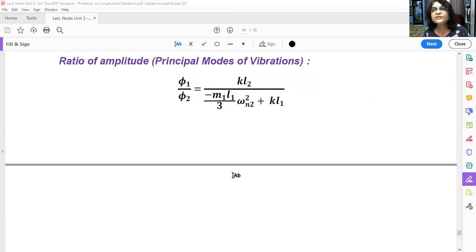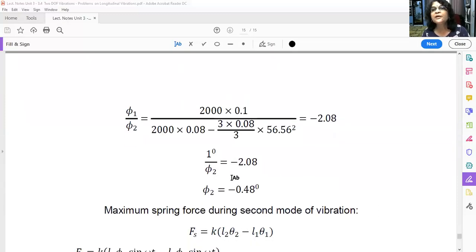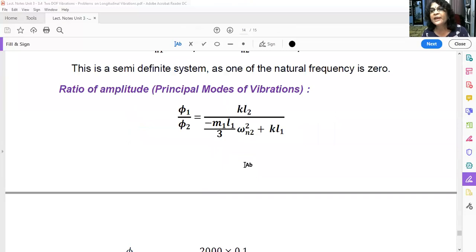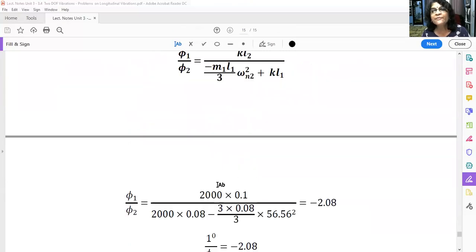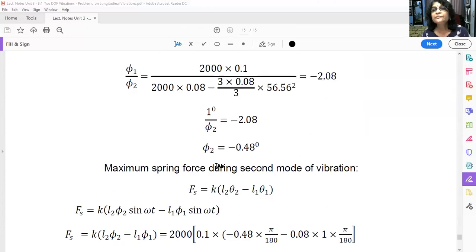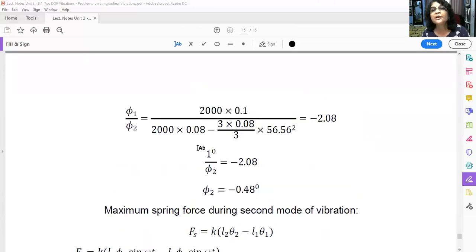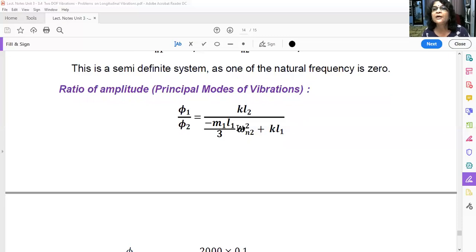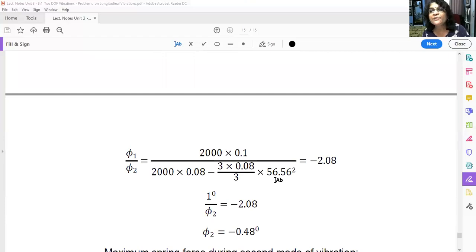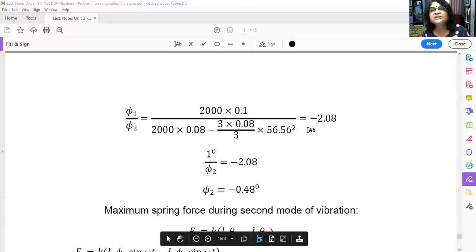The first mode shape is k L2 upon L1, k will be cancelling, so L2 upon L1. That is the first principal mode shape. And the second principal mode shape, what will you be getting? Minus 2.08.